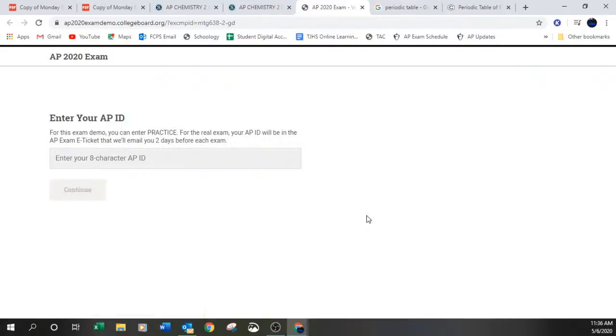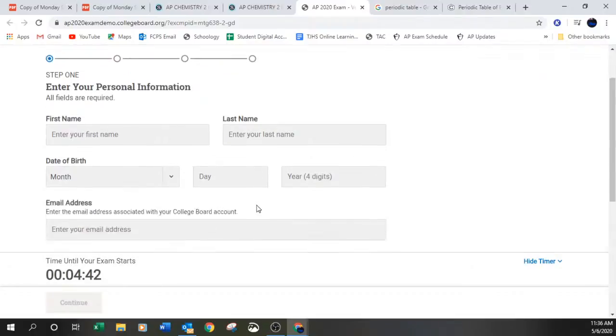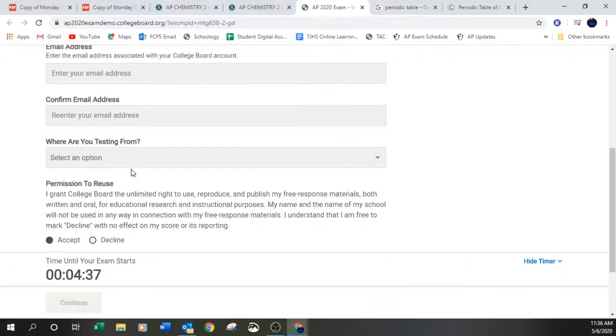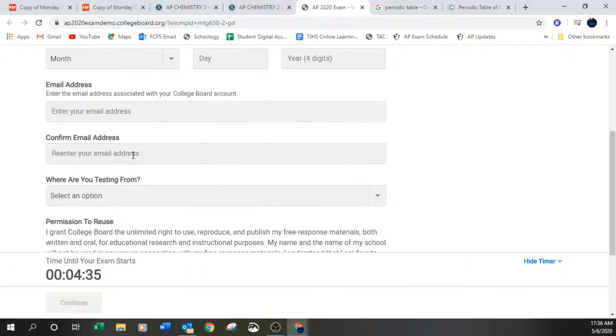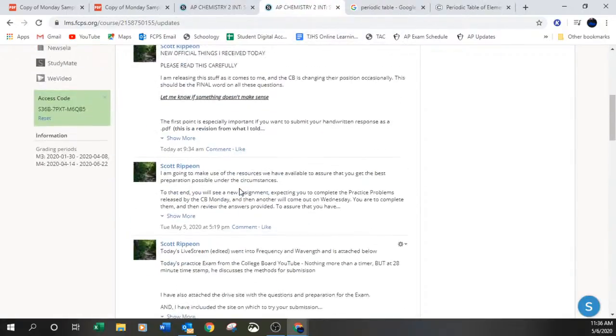Please, whatever method you're going to try, please go in and enter practice. Then you're going to be given the opportunity to put in any garbage here. They really aren't looking for it. Just have to make it actually an email address, and then practice submitting. So that's right there in the updates. So that was the first thing.